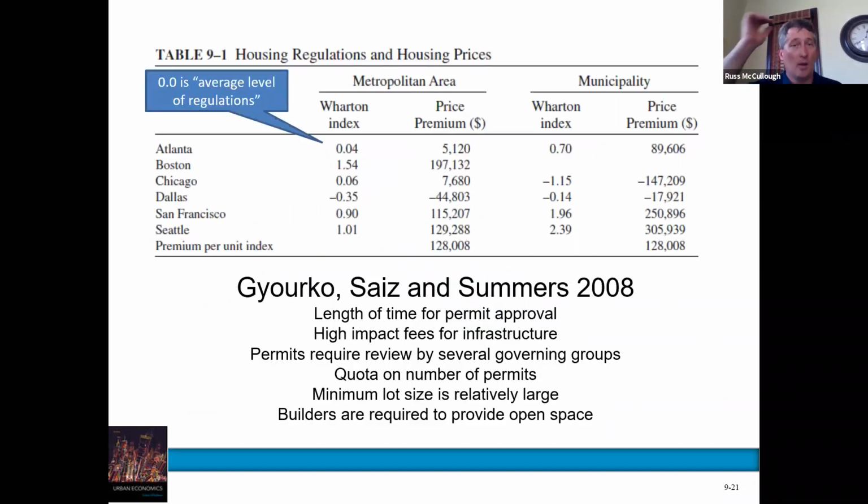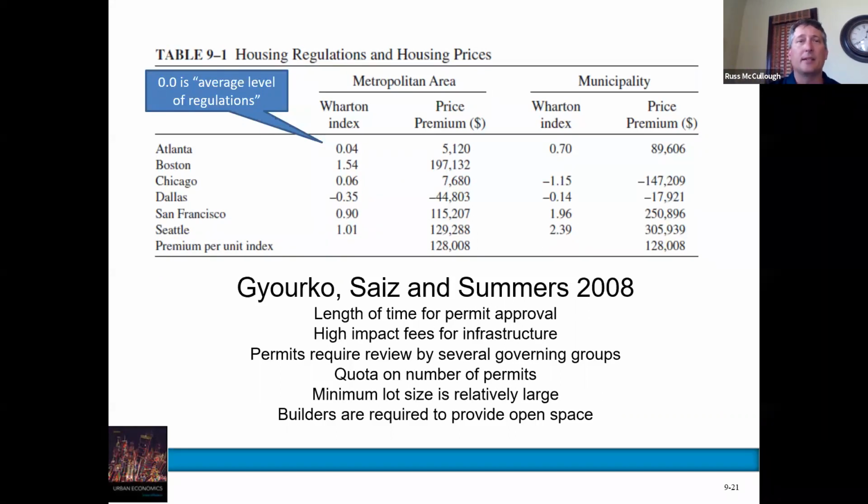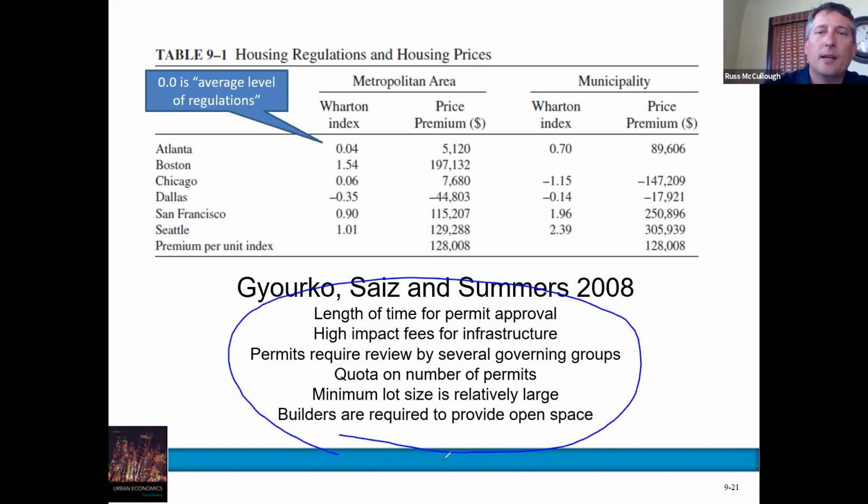All right, so economists have studied what types of things this might do. Some people at Wharton, in 2008, studied a number of different factors that can go on with building. So the length of building time, high impact fees, so extra fees depending on the type of development you're doing.